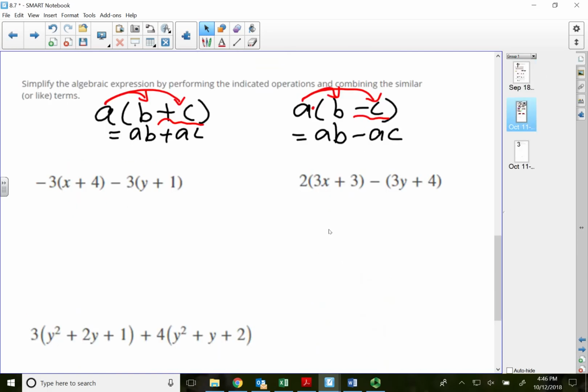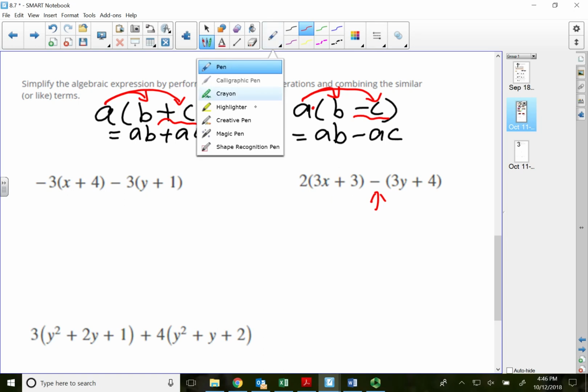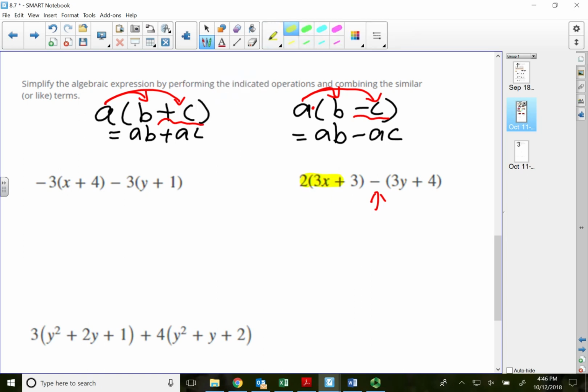Because now, if you look at this problem here on the right, the second term has a subtraction sign outside the parenthesis. What's in front of it is one term, and what's behind the subtraction sign is another term. The subtraction sign goes with the term that follows. So my second term has two terms inside that parenthesis.